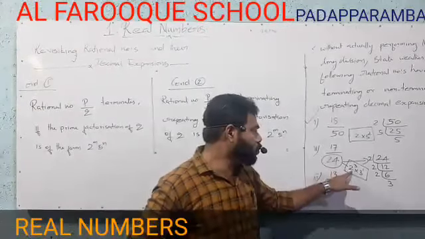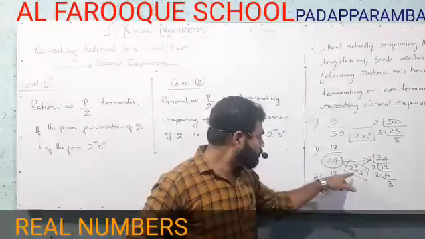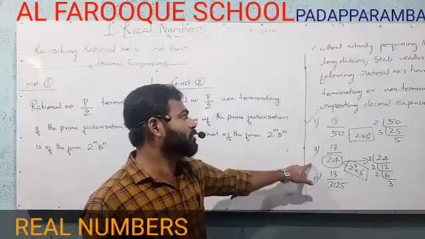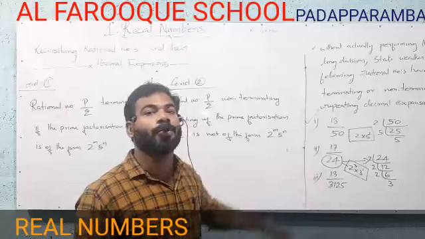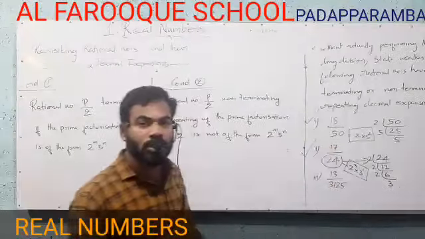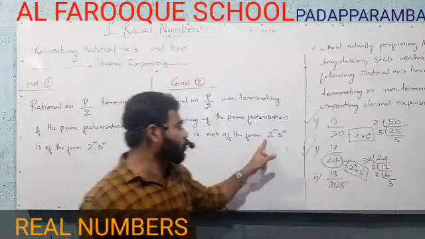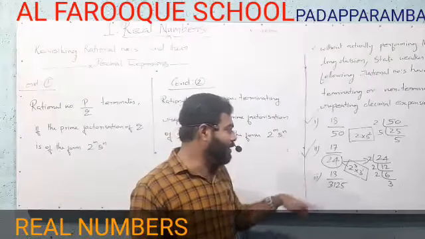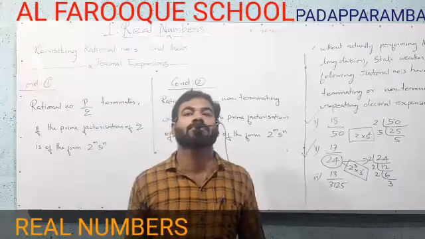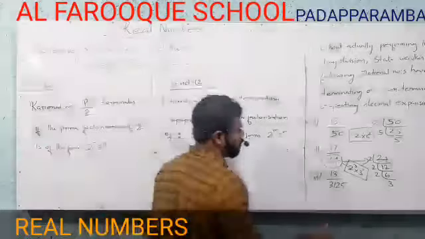Here 2s and 3s. A new number 3 is coming. So the decimal expansion is non-terminating repeating. Once again, the prime factorization is not of the form 2 raised to m, 5 raised to n. We can say that the decimal expansion is non-terminating repeating. Is it clear?